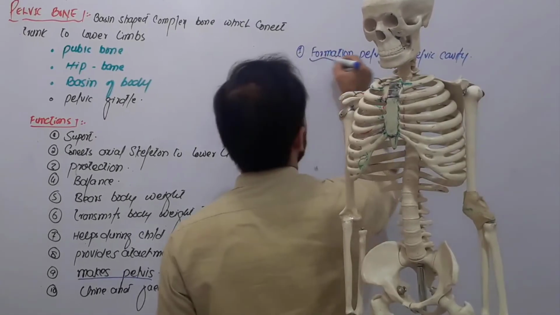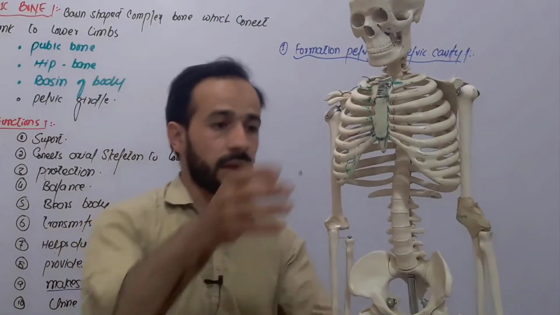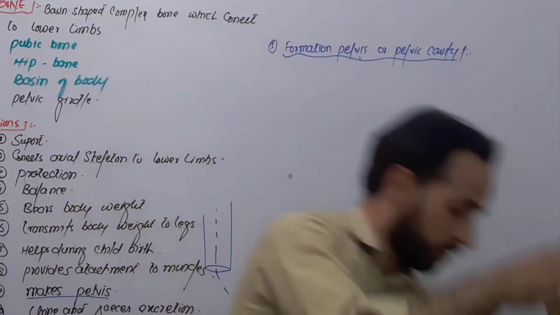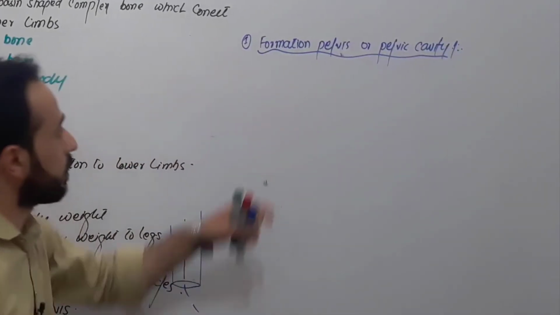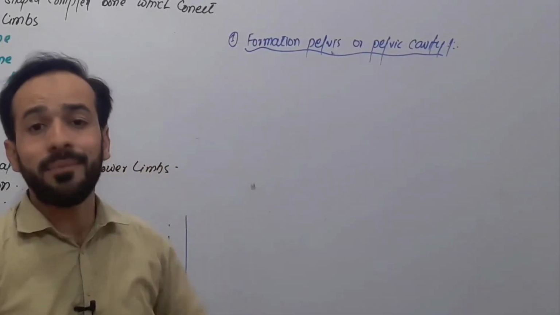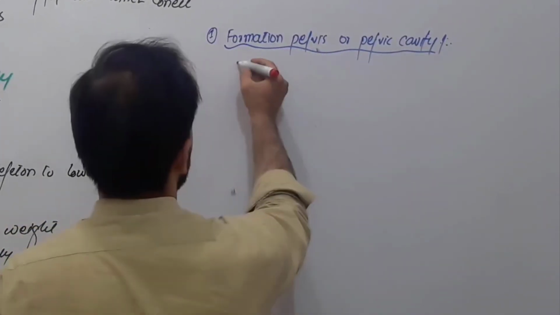Your pelvic cavity is wholly formed by certain bones and ligaments. And what are those? Let me write them here. Look carefully. Pelvis or pelvic cavity. What is pelvis, or what is pelvic cavity?